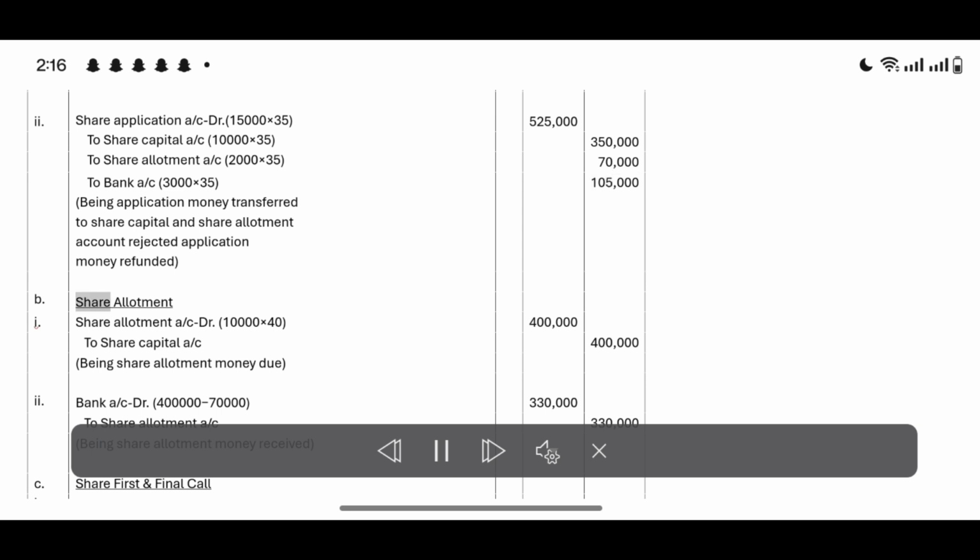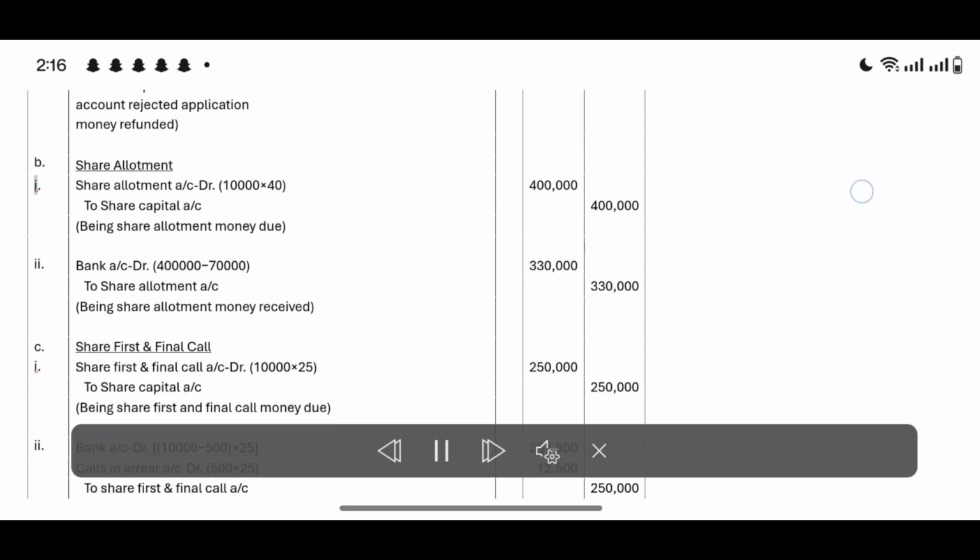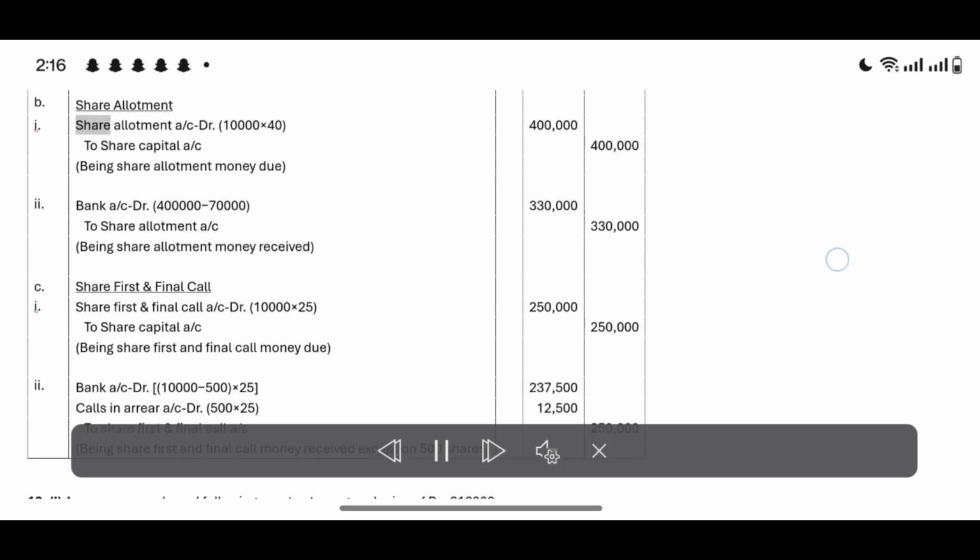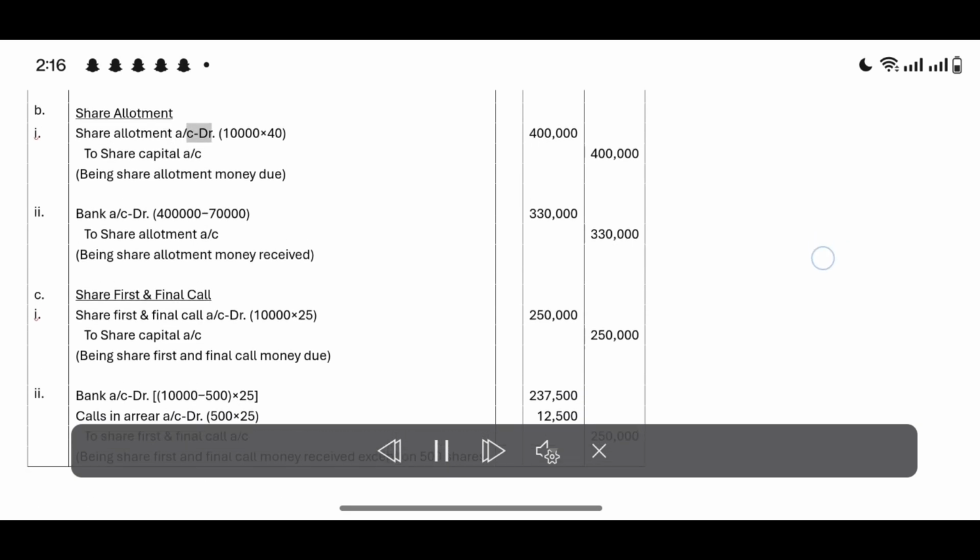Share allotment. 1. 2. Share allotment A/C Dr. 10,000 times 40, 400,000. To share capital A/C, 400,000. Being share allotment money due.